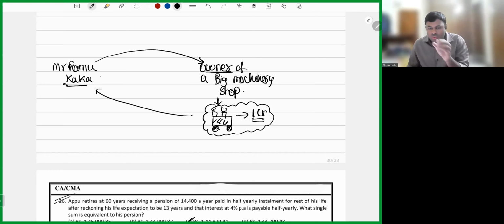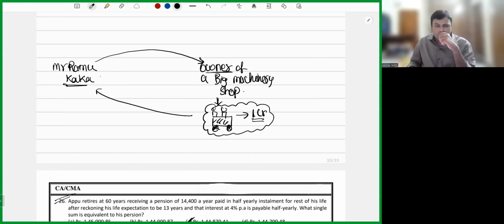Every year, you pay me a certain installment amount. No need to pay the entire 1 crore at a time. You pay me a certain installment amount every year. That is called leasing.